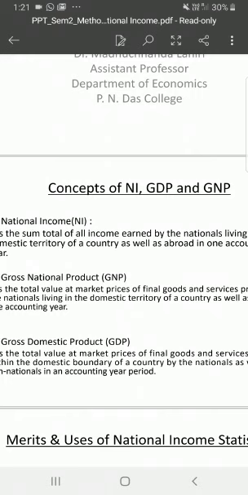What is net indirect tax? It is the difference between indirect tax and subsidy. So when the indirect tax is more than the subsidy, NIT is positive, and when the subsidy element is more than the indirect tax, we have a negative NIT.